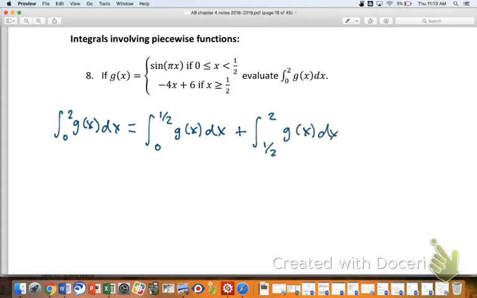Would you have to write that out to get credit, or could you just start doing it? Well, I think you wouldn't really have to. You could just write the integral from 0 to 1/2 of the sine function plus the integral from 1/2 to 2 of the linear function.